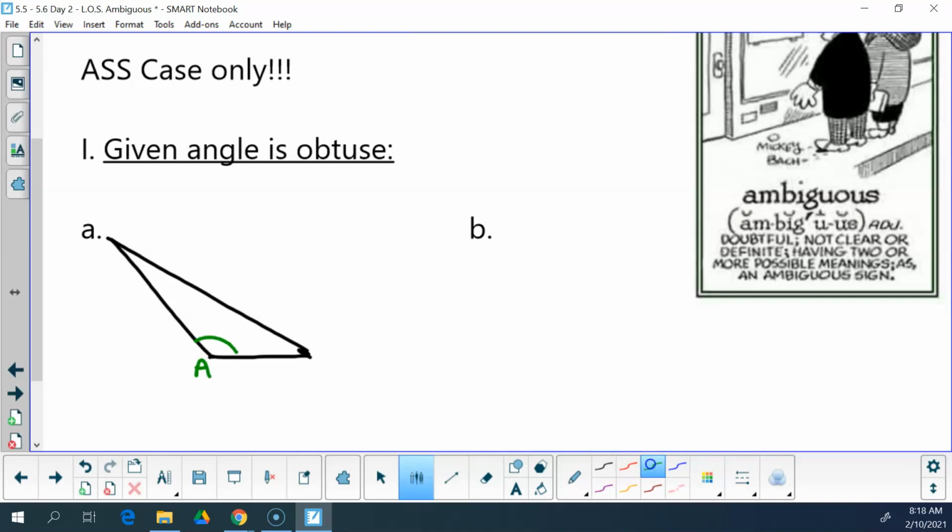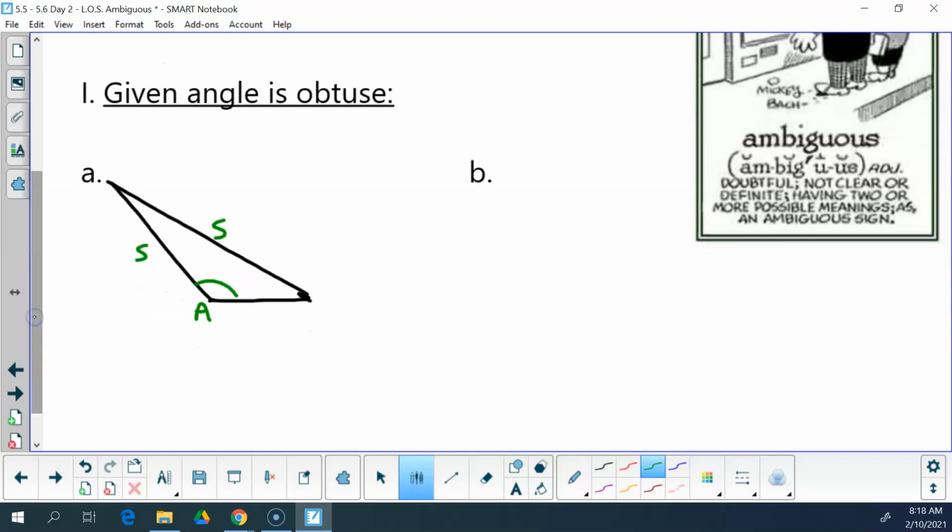Then my side would be there and there, or the other way too. Your side could either be down here, or it could be over there. Doesn't matter which way around the triangle you go. It's still an angle side case.